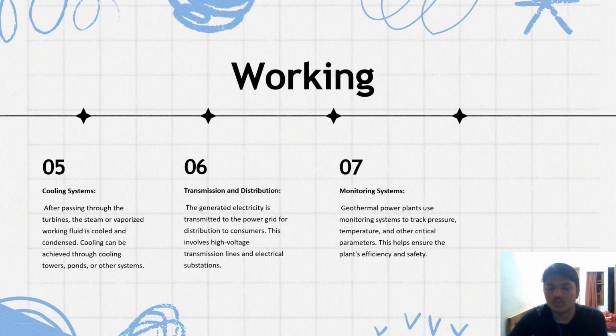Monitoring system. Geothermal power plants use monitoring systems to track pressure, temperature and other critical parameters. This helps to ensure the plant's efficiency and safety. As we know, if we run any plant, we need to take safety measures, and efficiency-wise it should be more beneficial. So these are all the steps which need to be considered while building a geothermal power plant.